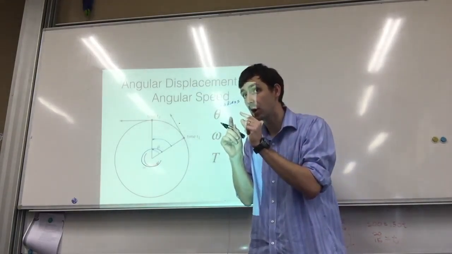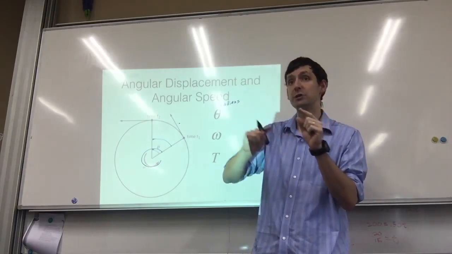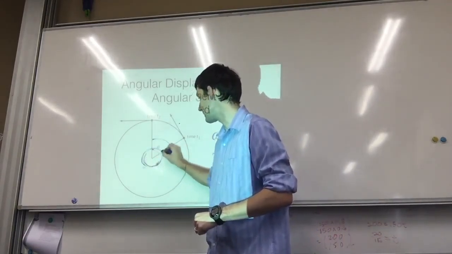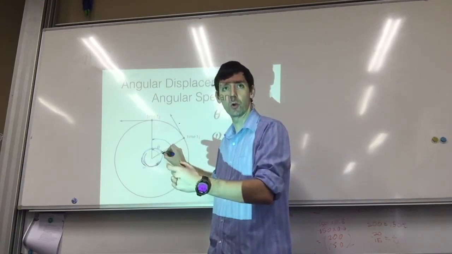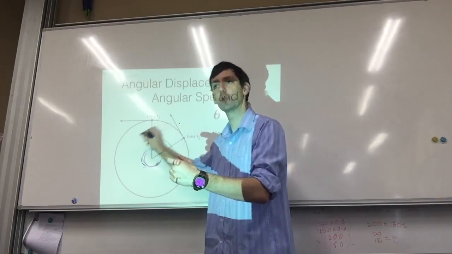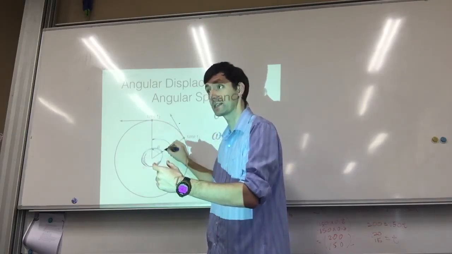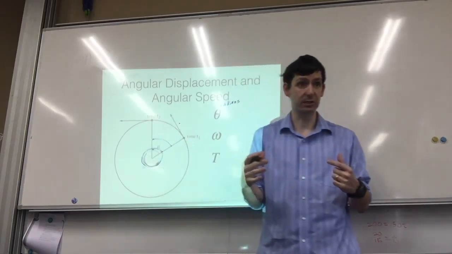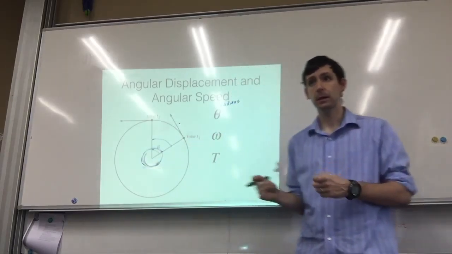Not the angle, but how many radians I've rotated through. So if I were to start here and go around twice, then saying 0 radians is not an appropriate answer, because I've actually rotated through 2 pi twice, so it needs to be 4 pi radians as my angular displacement. Okay?